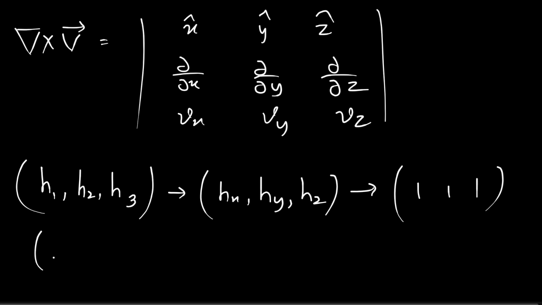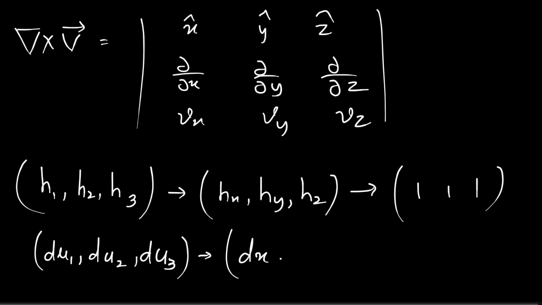And du1, du2 and du3 come out to be dx, dy, and dz. These are some general forms, we can use this form further.